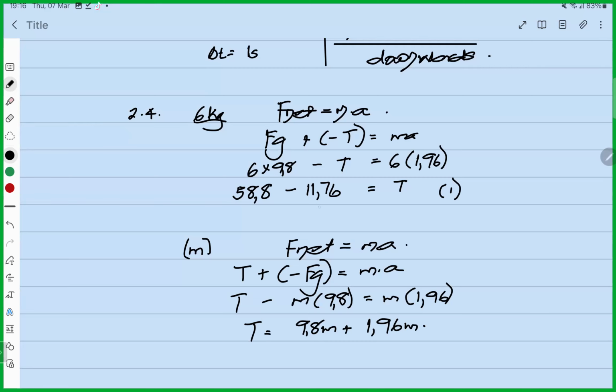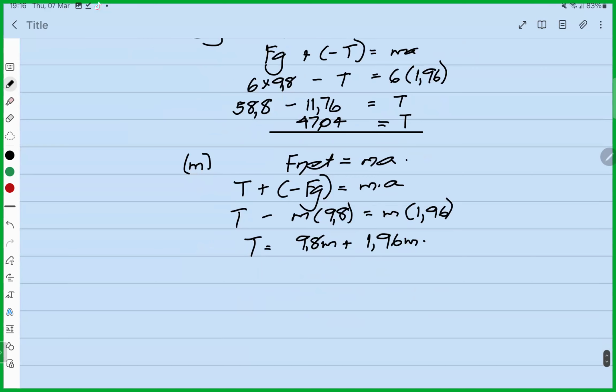Sorry, I should have worked out T over here on the top. But foolish of me. 58.8 minus 11.76, someone? What's the value of T there? 47.04. Thank you.